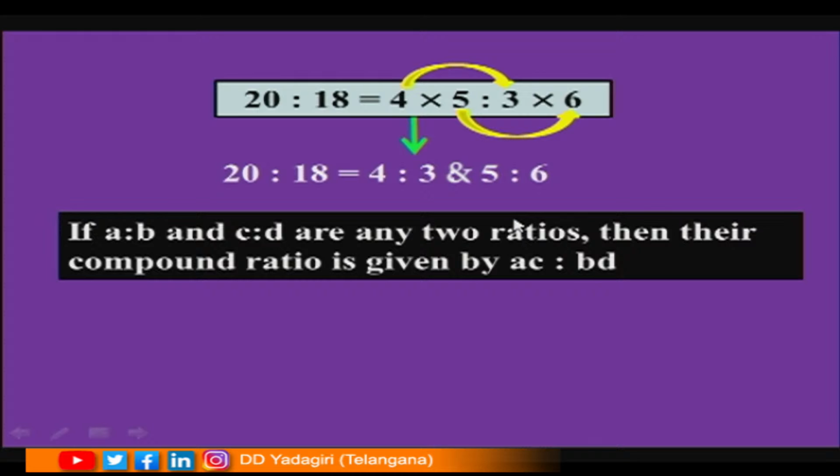If A is to B and C is to D are any two ratios, then their compound ratio is given by AC is to BD. So, AC is to BD can be written as AC by BD. This can be written as A by B into C by D. Children, till now we have learnt the concept of compound ratio.